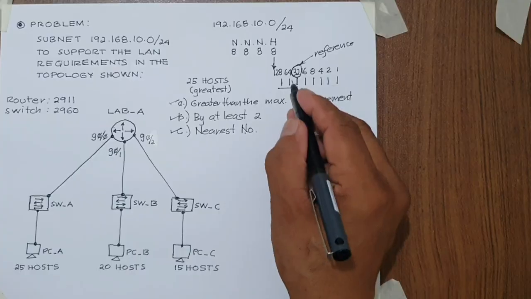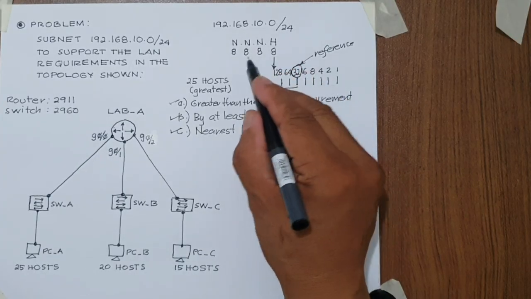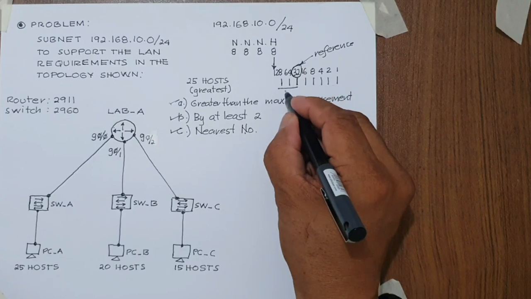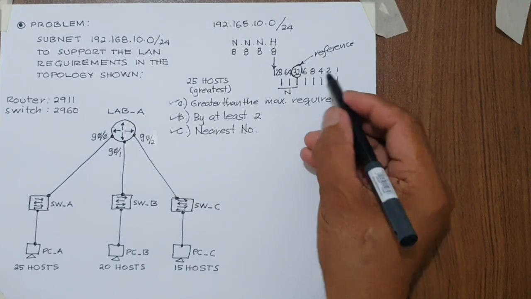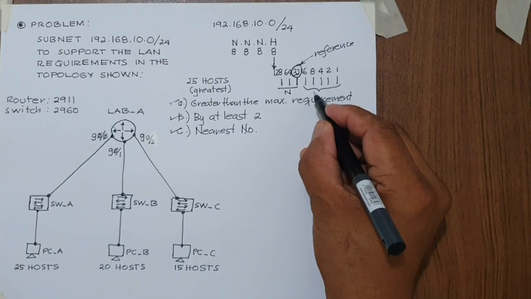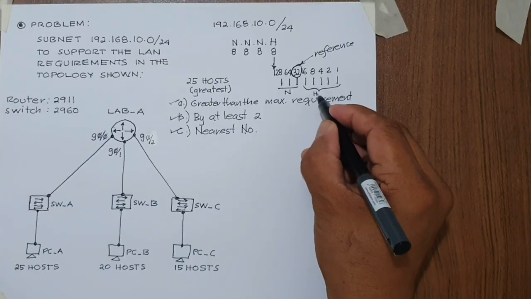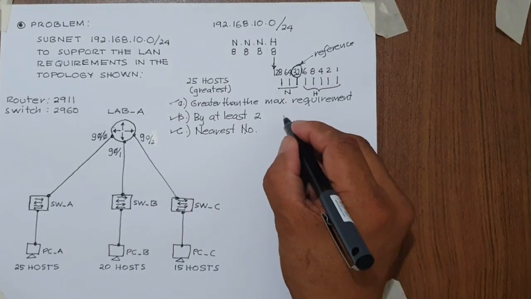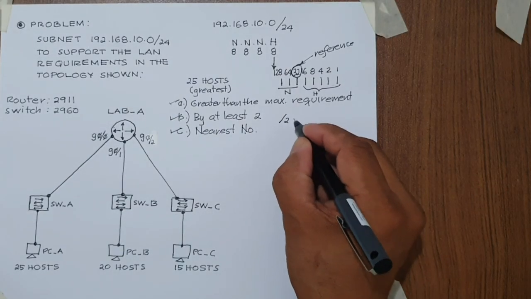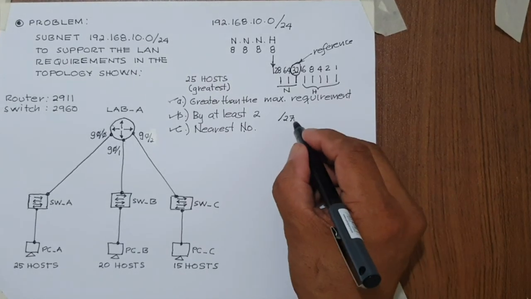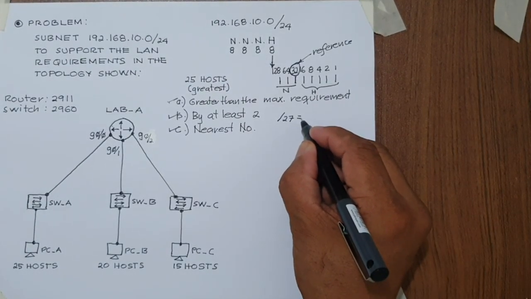So our new bit mask will be 24 plus this 3, because these 3 become a part of the network, and the remaining bits are allotted for the host for each subnetwork. So our new bit mask now will be /27.